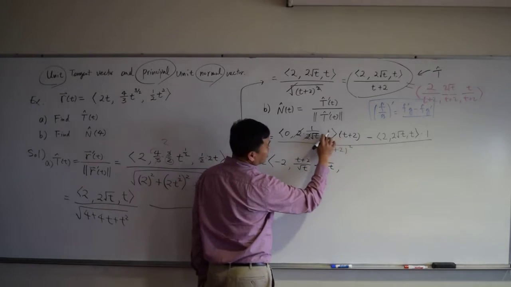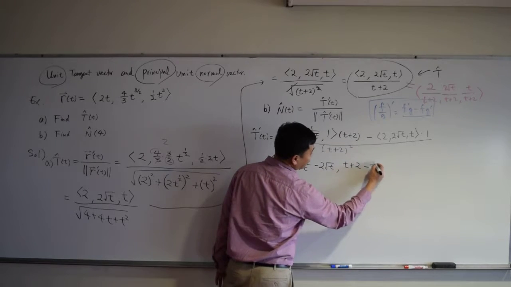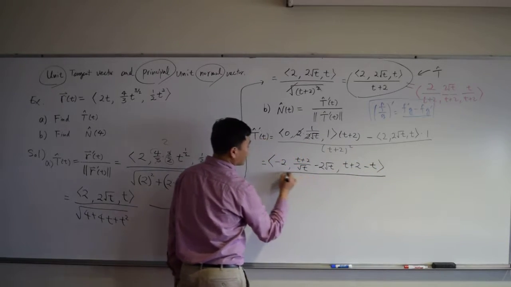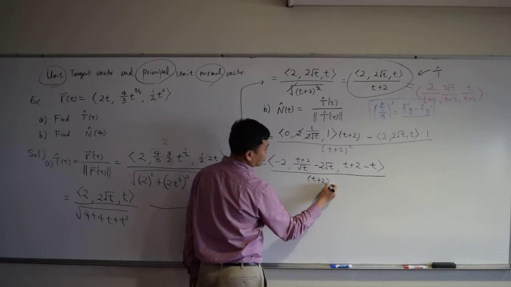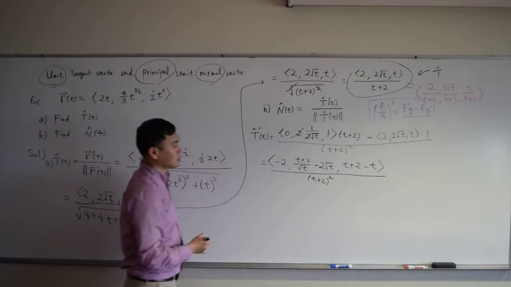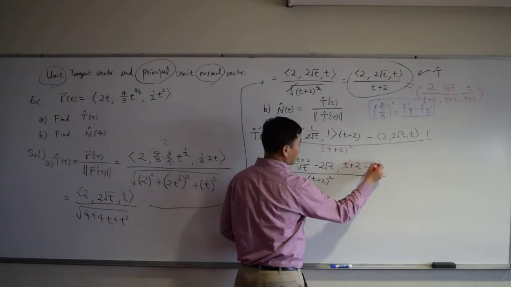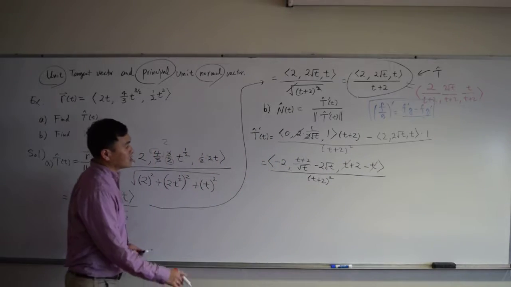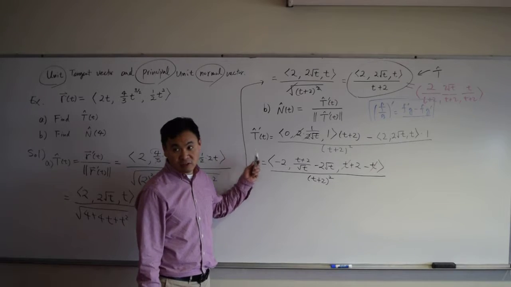And then 1 times this is t plus 2, and then you have to subtract by t. And I guess t and t cancels. So that's what we get for T prime of t.